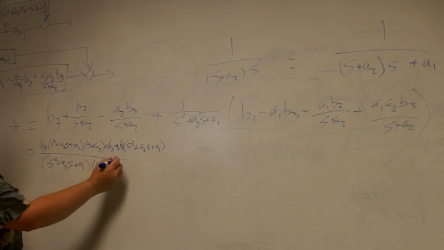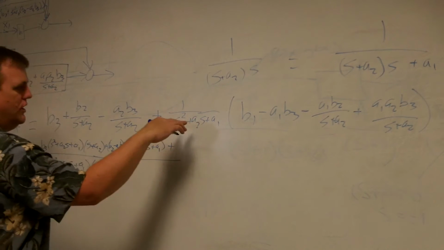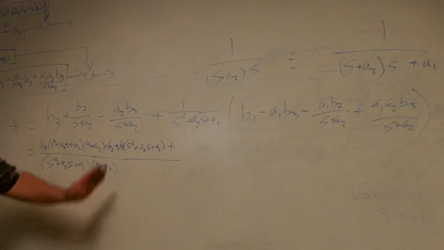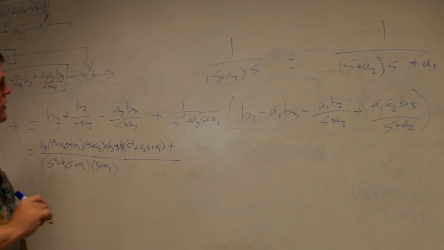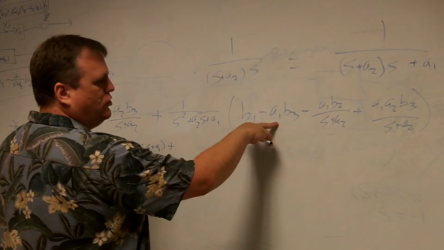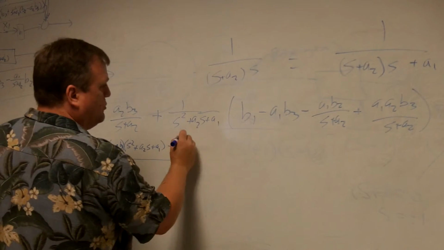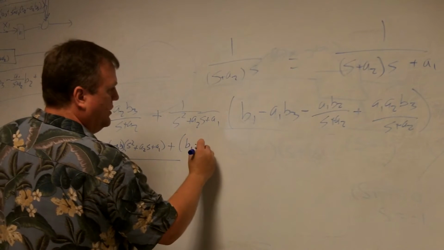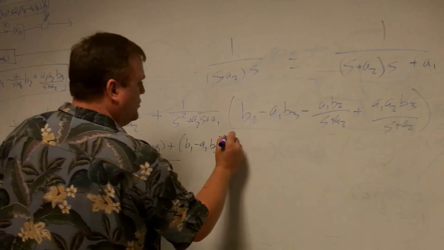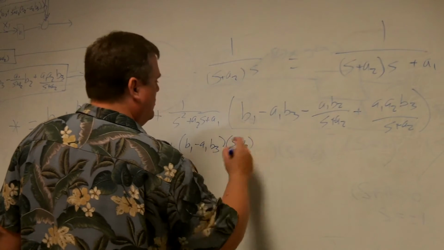Plus, now this one automatically has that on the denominators. They all have that from all the remaining terms. So these two are only missing the S plus A2 on the bottom, which means I've got a B1 minus A1 B3, and that has to be multiplied by S plus A2.